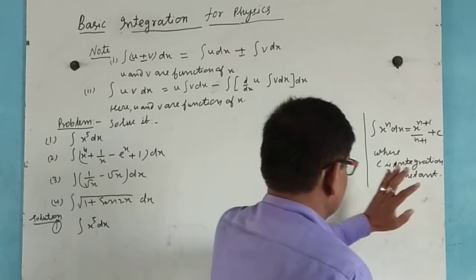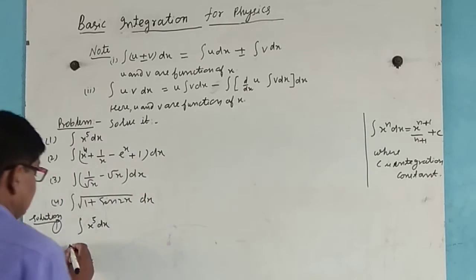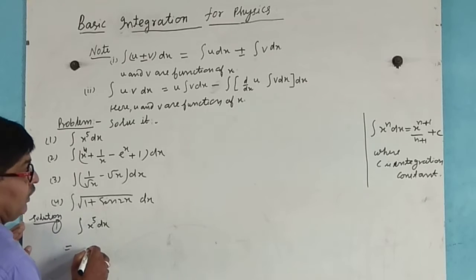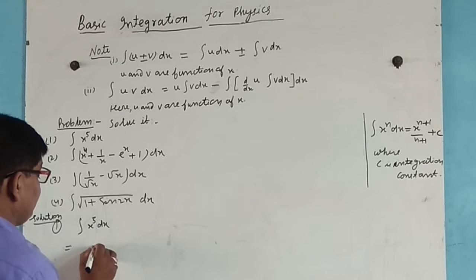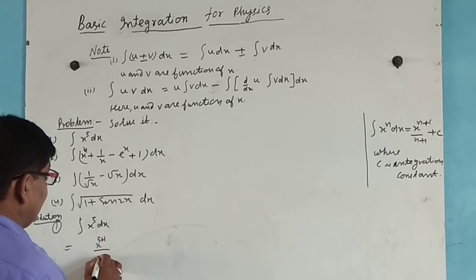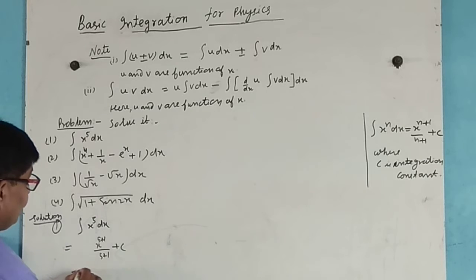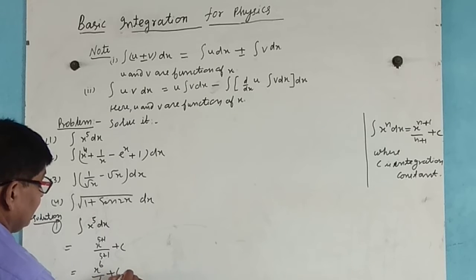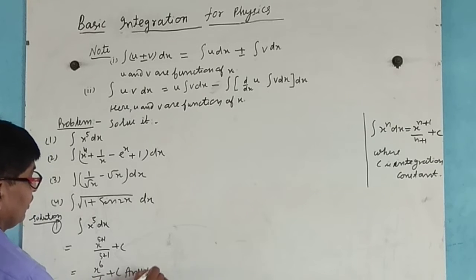Here n is equal to 5, so x to the power 5 plus 1 divided by 5 plus 1, plus c. Now this can be written as x to the power 6 divided by 6 plus c. This is our answer.